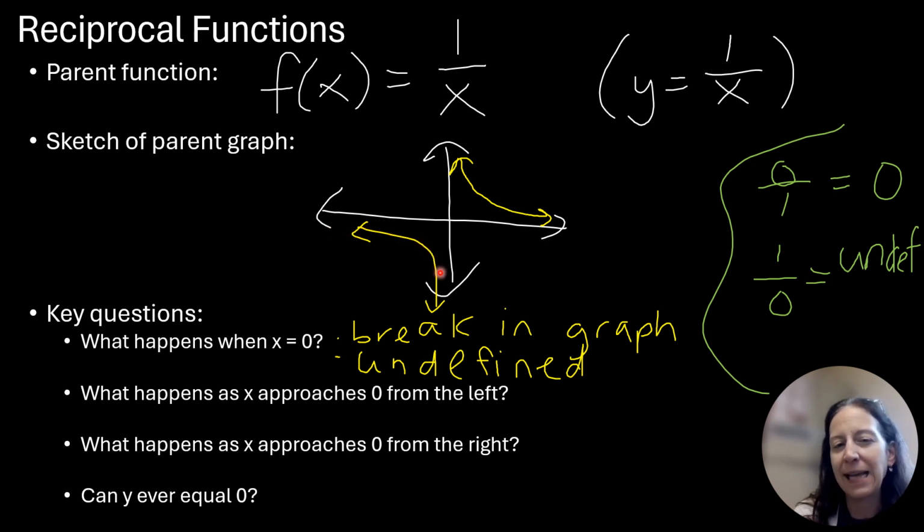And as x is getting closer and closer and closer to 0, my graph is going down to infinity, okay? And so it's basically like tanking. It's going further and further and further down. So you might say that y, and then the right hand arrow is read as approaches, so that's y approaches negative infinity.